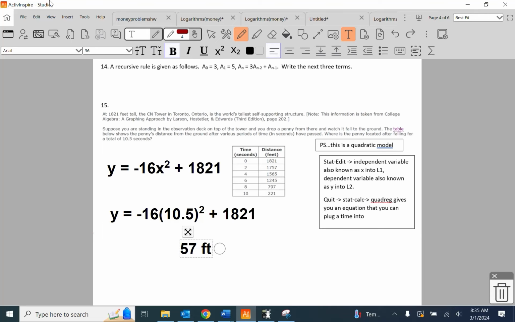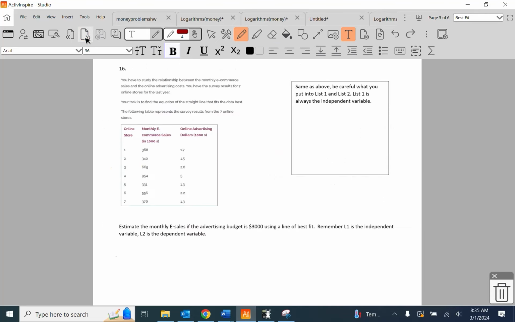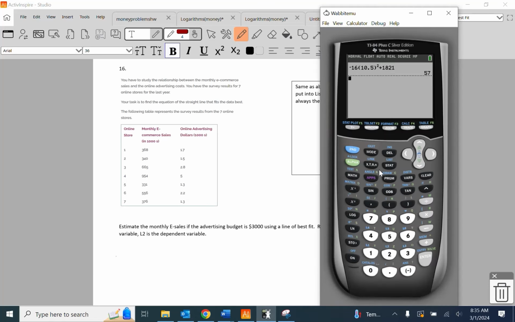All right, last one. Barely have time for doing this one. Notice I've got this list over here. Your sales depend on advertising dollars. So you actually have to put your advertising dollars into list 1. It's a little backwards of a chart. It's not hard. You just have to make sure you swap things around.